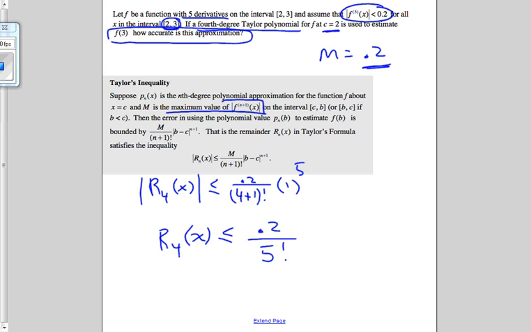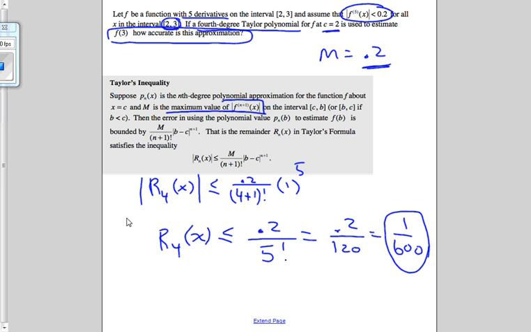Well, this is 0.2 over 120, which equals 1 over, I don't know, 600. Really, really small. So that's a very good approximation, and an approximation that we could feel pretty good about.